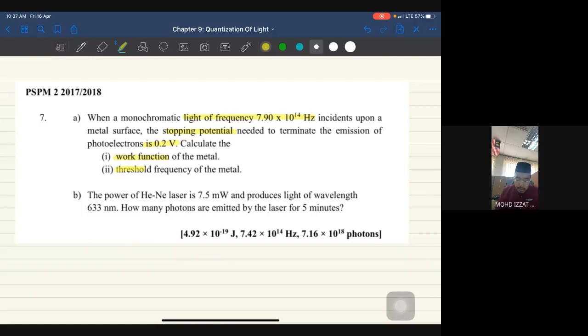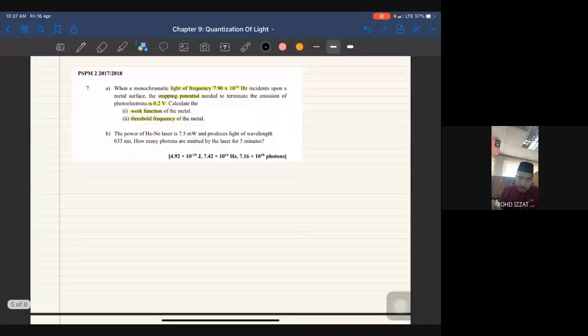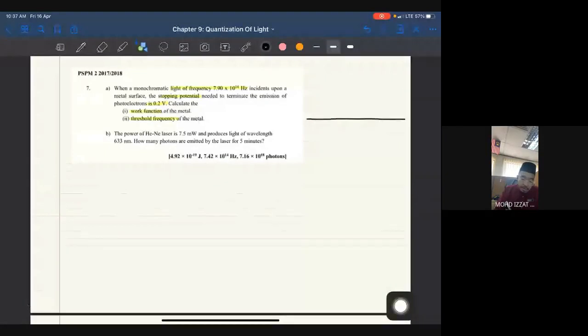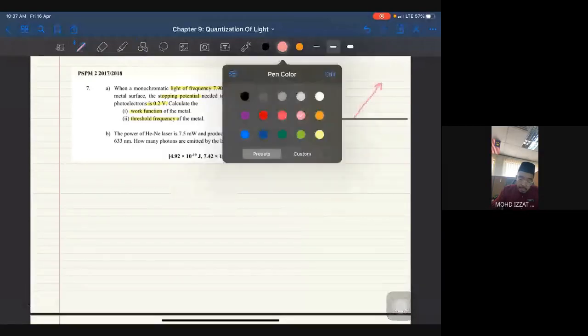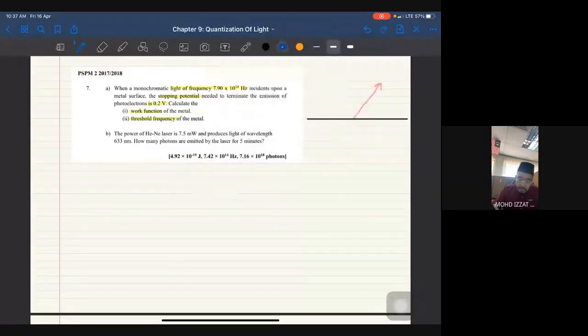Okay, the first thing, what do you need to do? Have to draw. Okay, very good. Draw a straight line, and then you draw the electrons. Okay, and then we have electrons. 7.9 times 10 to the power of 14.